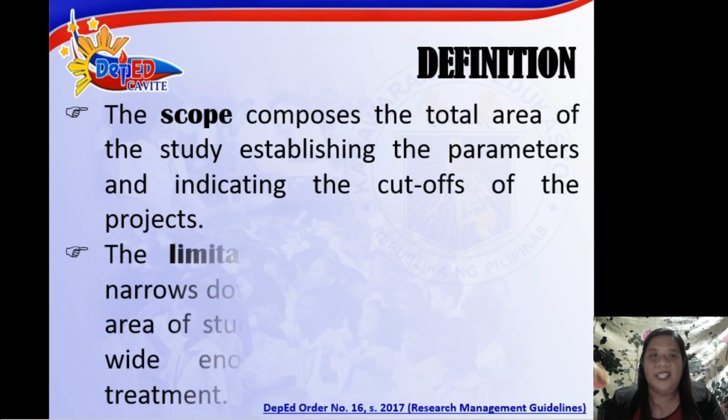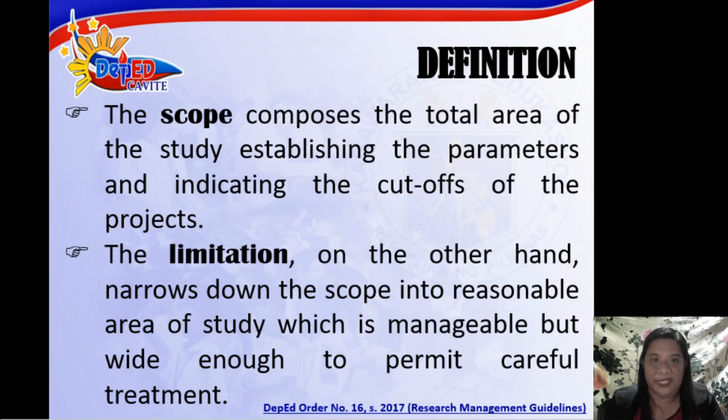Alright? Delimitation, on the other hand, narrows down the scope into a reasonable area of study, which is manageable but wide enough to permit careful treatment. Actually, limitations are shortcomings, conditions, or influences in your study in which the researcher has no control.